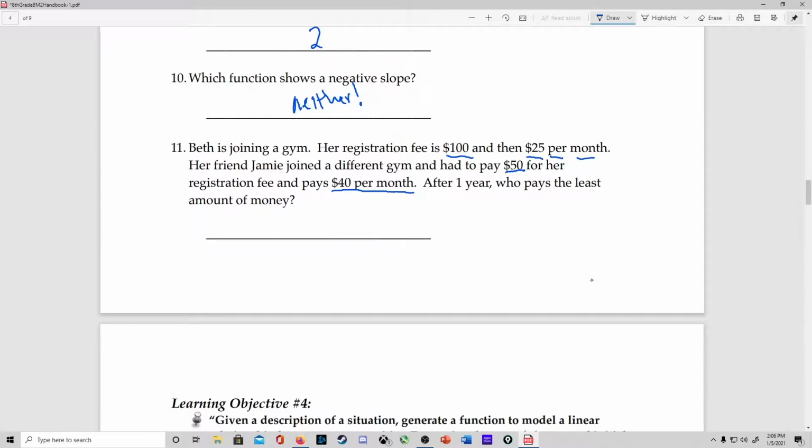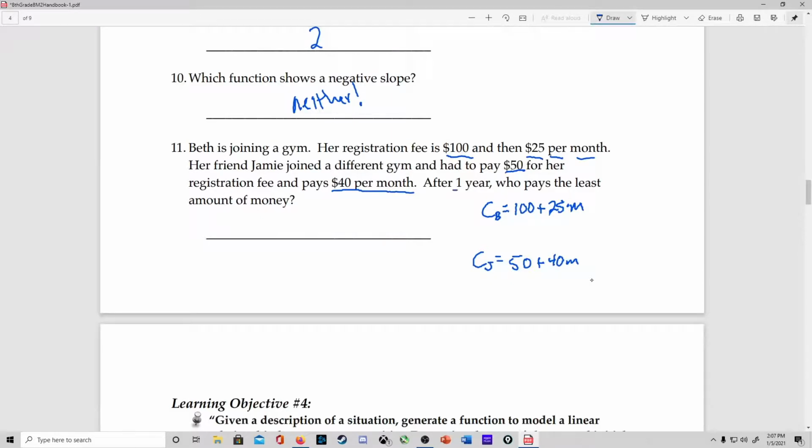So what you want to do is you want to make an equation. So we know that the cost, so we'll say cost, and we'll call this one Beth. So we'll do cost of Beth, and we'll do one that's the cost of Jamie. So the cost of Beth, right, is going to be 100 plus $25 times months. And for Jamie, it's $50 plus $40 per month.